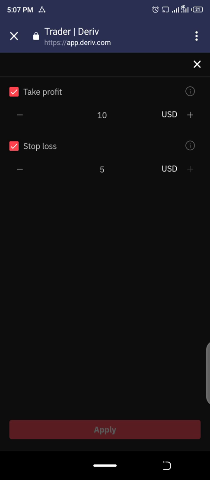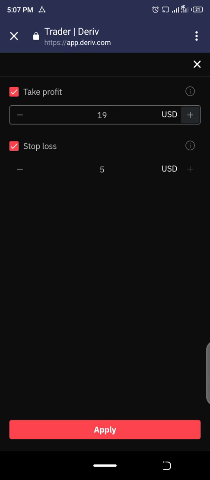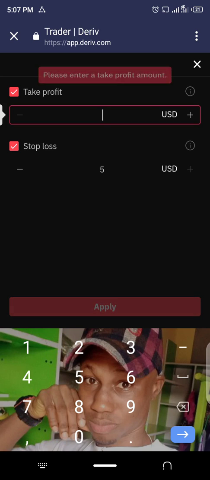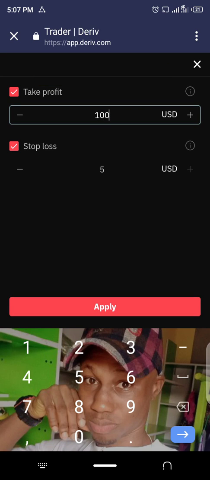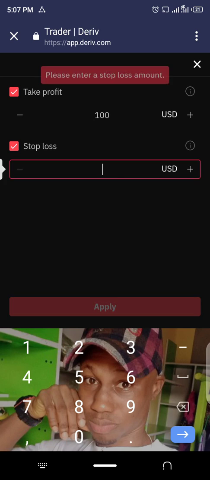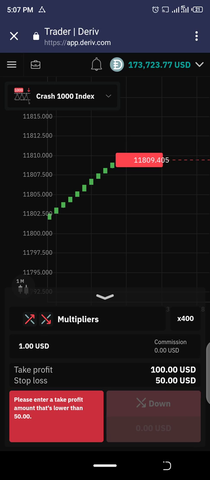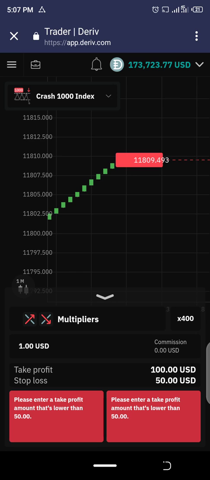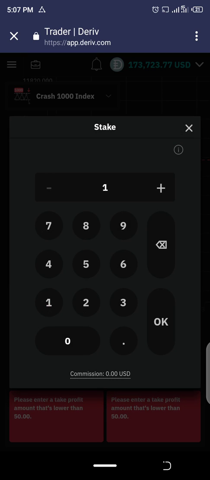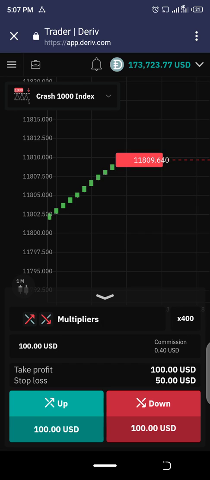Let me put take profit at 100. Let me put stop loss at 50, and then apply. Please enter a take profit amount that is lower than 50. Let me enter trading amount 100. I think that's all good. It's all good. Stop loss, take profit.